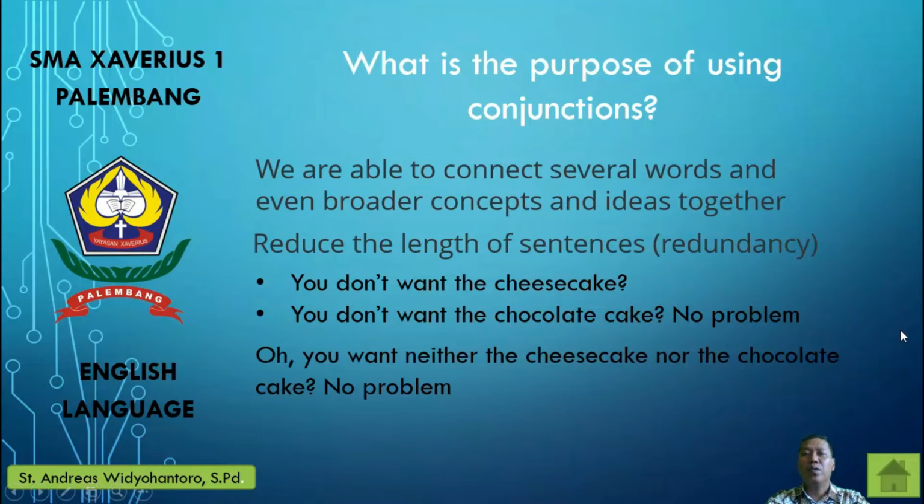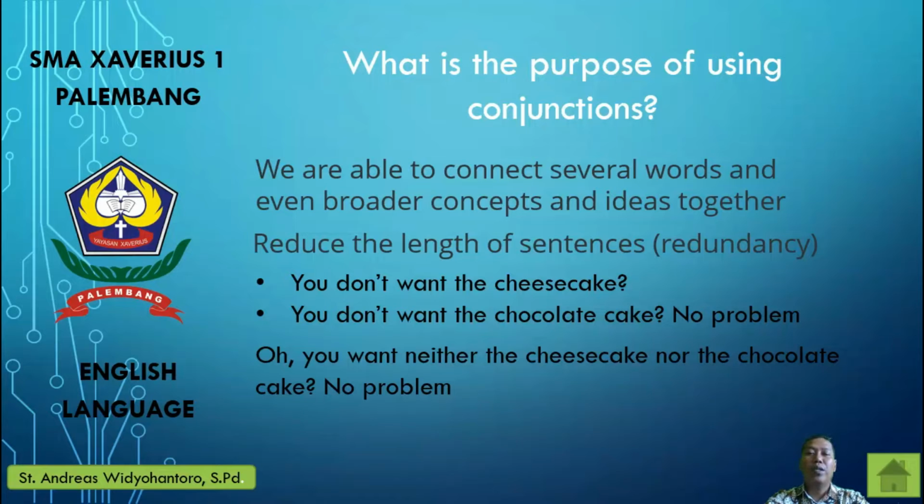Of course, we are able to connect several words or even broader concepts and ideas together, sometimes not only words, but phrases or clauses. But the main point of using this conjunction is to reduce the length of the sentences. It means that we reduce redundancy.